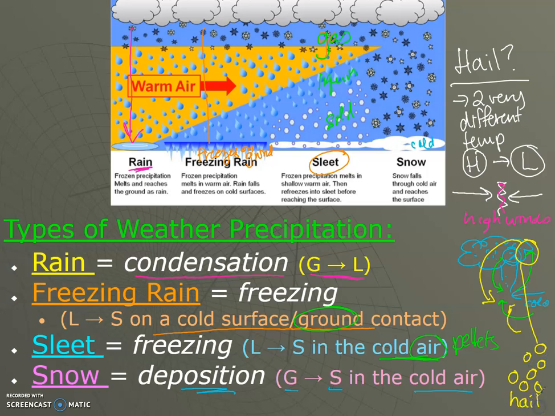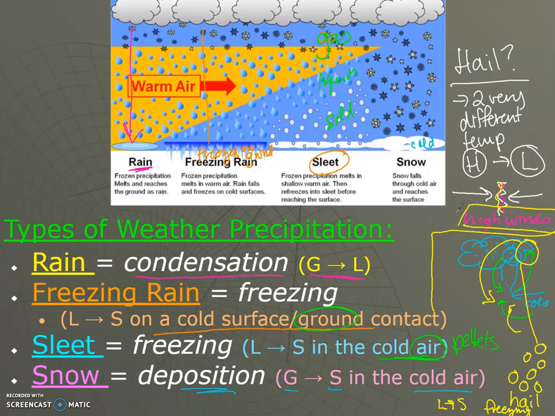So hail is definitely going to be the freezing from a liquid to a solid that gets pushed back up and down. This usually happens in the spring or in the summer or in the fall when you have these really, really high winds that push it back up. In some places down south, like in Texas, you can have hail the size of softballs, which is really dangerous.